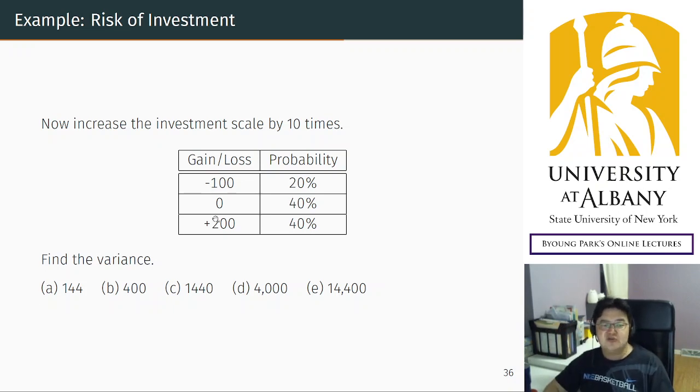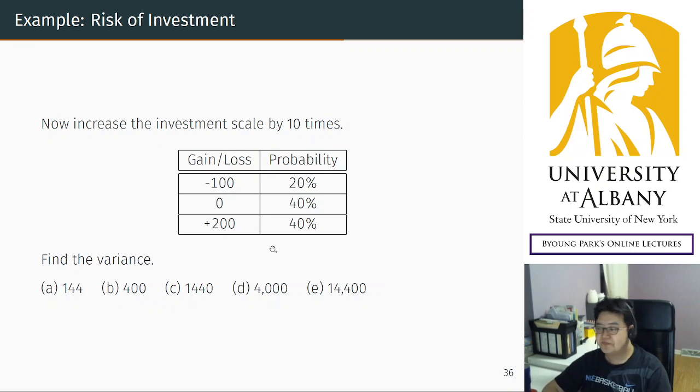So if you lose, you lose $100 now. But if you gain, then you get $200 now. Probabilities are the same, right? So everything is scaled by 10. Then what would be the variance for this larger scale investment?